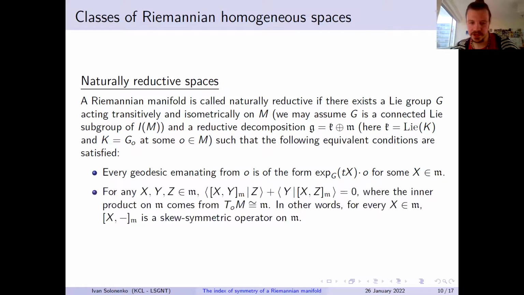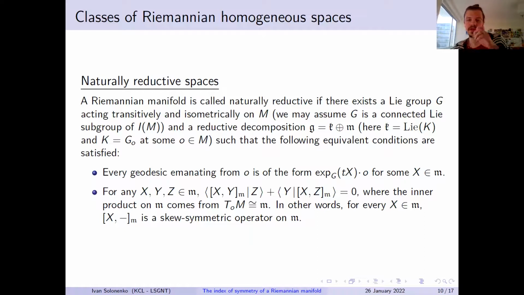And the algebraic definition is the following: if you take any three vectors in this reductive complement, the following is true. Everyone can read it themselves. You take the Lie bracket of X and Y. In general, it doesn't have to lie in K because we're not in a symmetric situation.